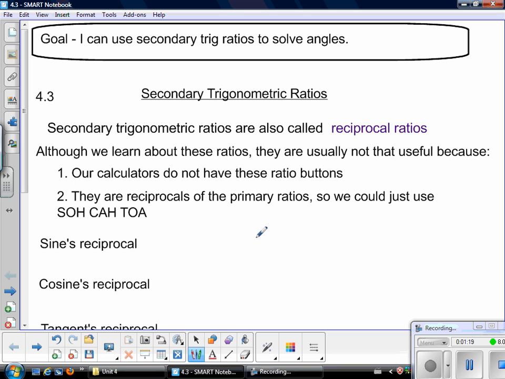Now in grade 12, you actually prove identities, and you use secondary trigonometric identities for some of those. So this is an introduction to that. That's why we do it, and that's why I think it's not that useful for this year, but you still have to be able to do it.